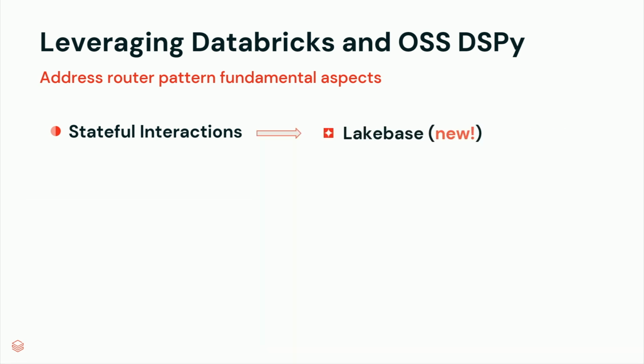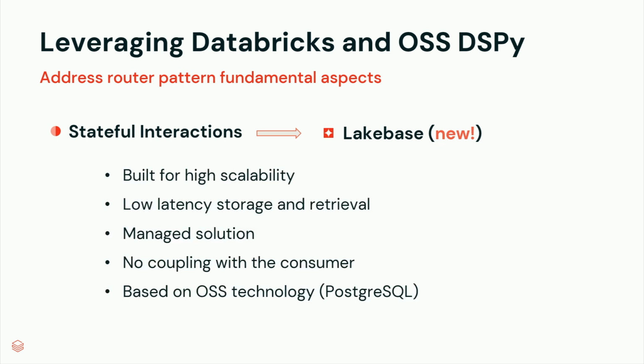Now, you can do all that in a much better way using Lakebase. Now, caveat, Lakebase is really new. It was unveiled yesterday, but it will be a much better approach. It is built for scalability, low latency for both storage and retrieval. It's a managed solution, so it's a lot simpler to implement.